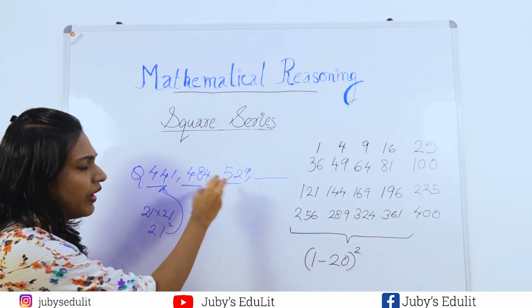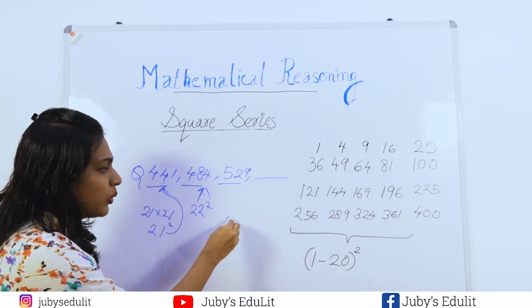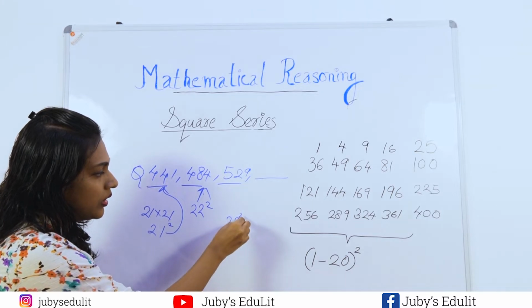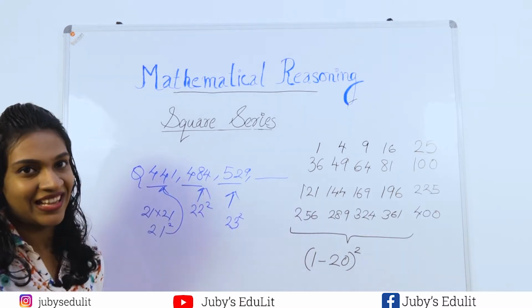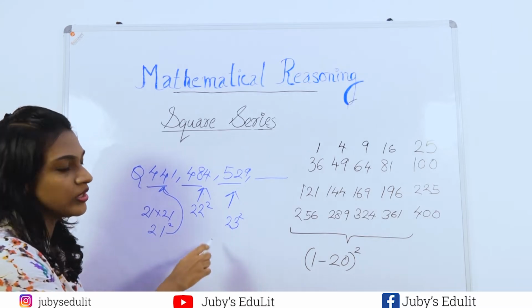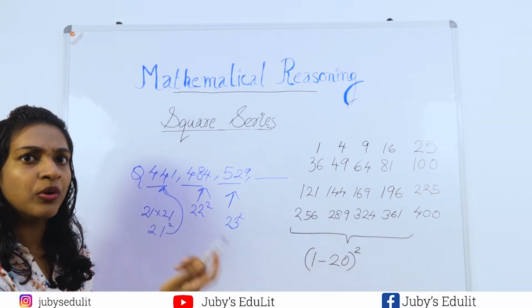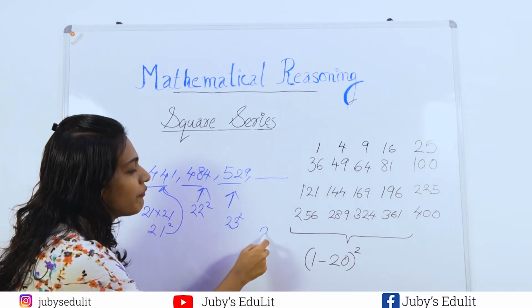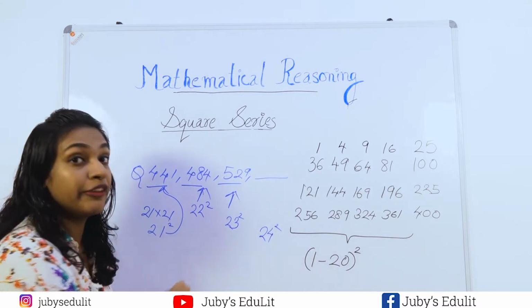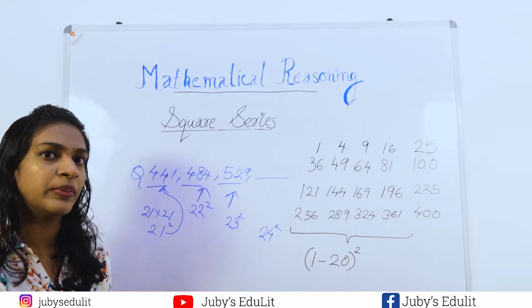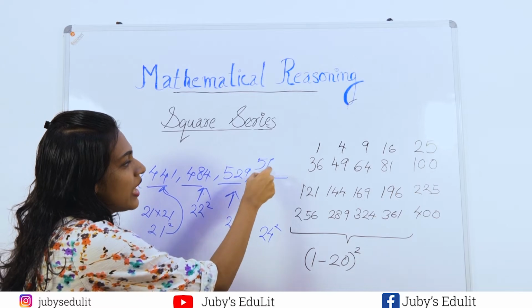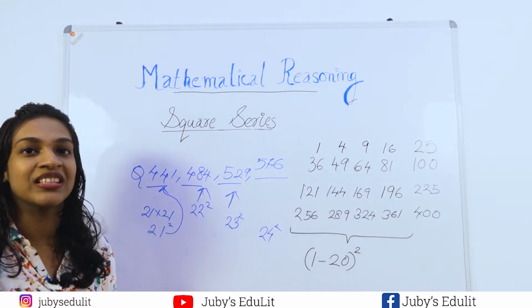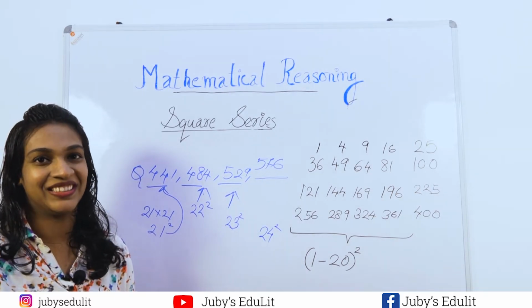And what is 529? 23 square is 529. What will be the next? So 21 square, 22 square, 23 square, and what is next? It is 24 square. What is 24 square? 24 multiplied with 24 gives the answer 576, which is the right answer for this question.